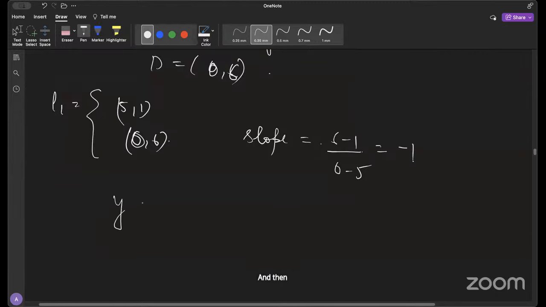And then your line will be, let's take the point to be 0 comma 6, y minus 6 equals minus 1 times x minus 0. This will give you y equals 6 minus x.